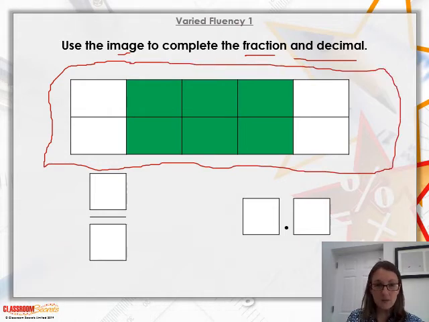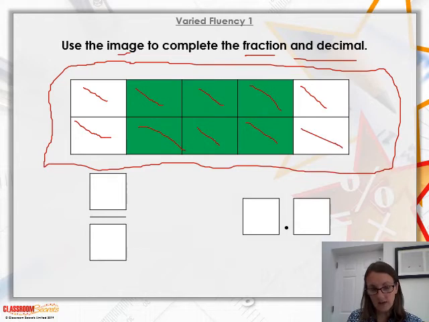Well, let's count them. 1, 2, 3, 4, 5, 6, 7, 8, 9, 10. Right. How many parts are shaded in green? Pause and have a look at that. Write that down. And then, how would we write that as a decimal?